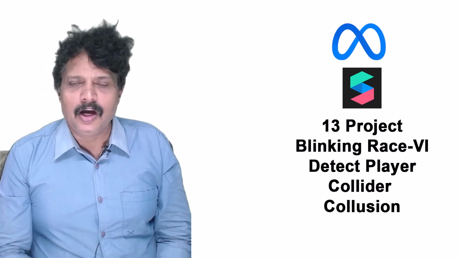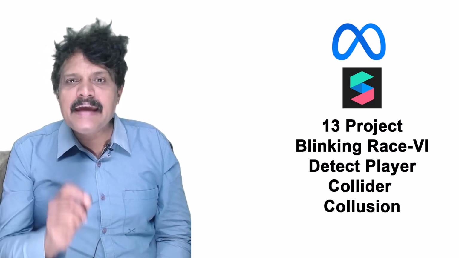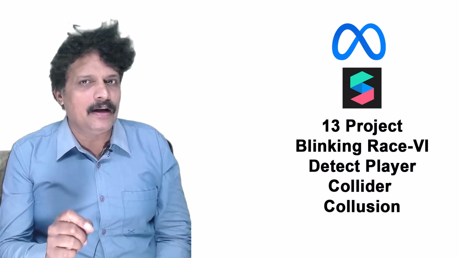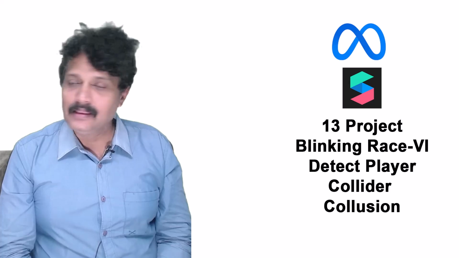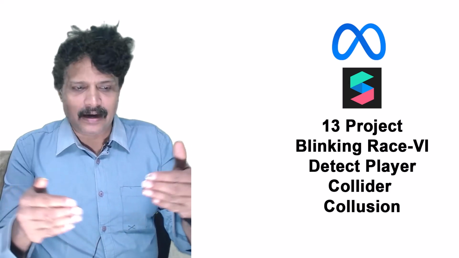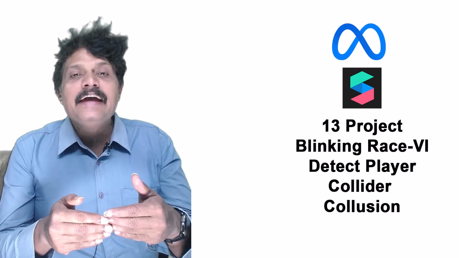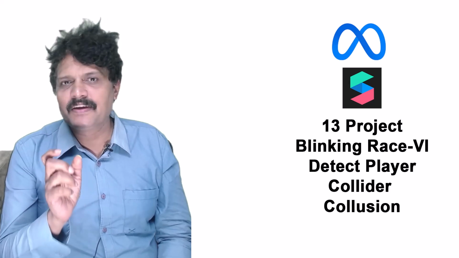Well, the concept we are going to use here is using the x, y and z coordinates of the collider and the player. Now, when the collider and the player crashes, then their x value will be the same, or it will be within a specific range.